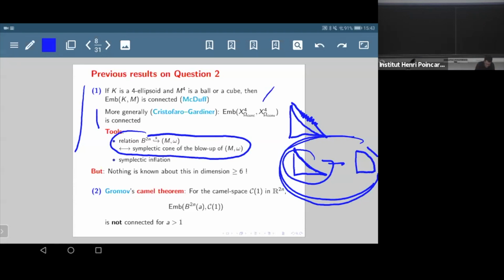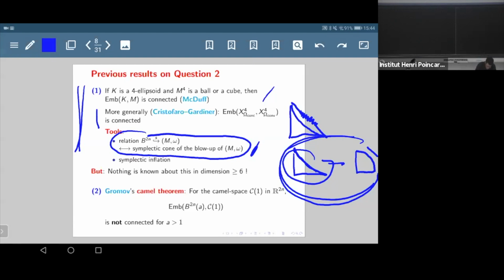This is why balls are particularly well understood and why such a connectivity result is known, even though only in dimension 4, because in the proof you also need 4-dimensional things like understanding of holomorphic curves and the inflation method of Lalonde-McDuff that is efficient only in dimension 4. Okay, so this is known.